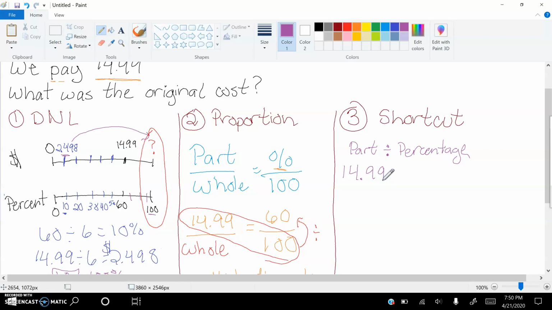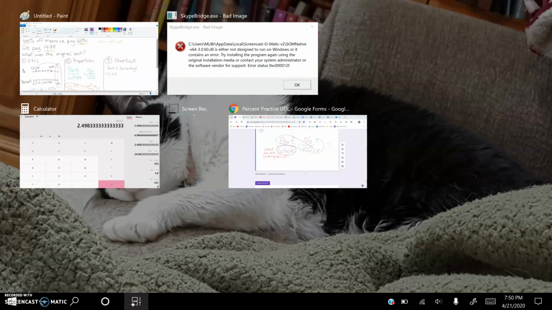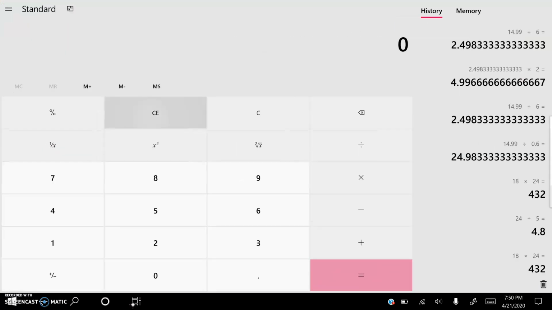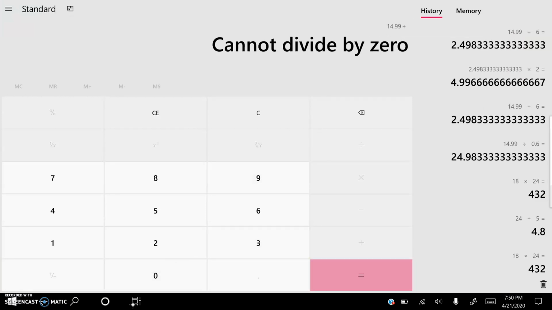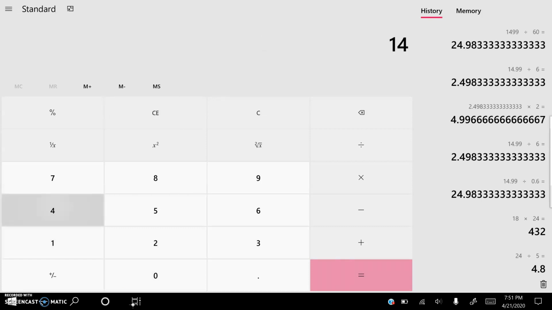So $14.99 is 60% of our cost, but if we just do $14.99 divided by 60, try that one more time.